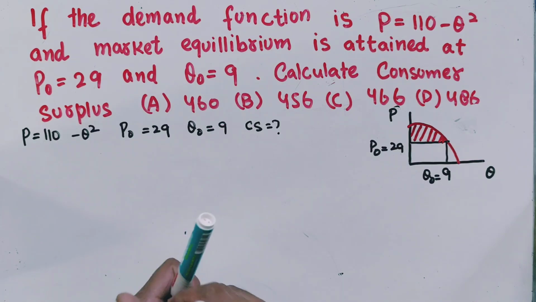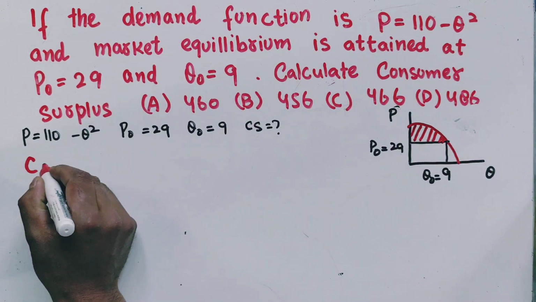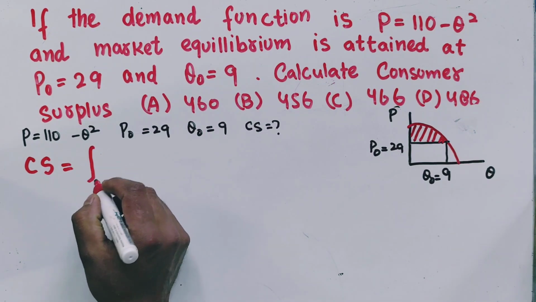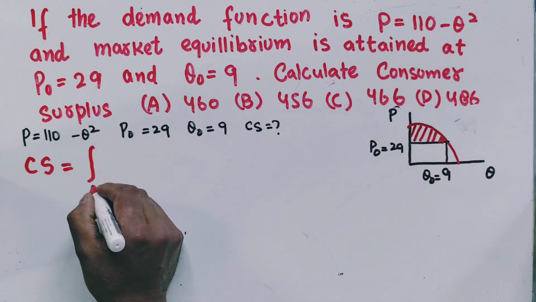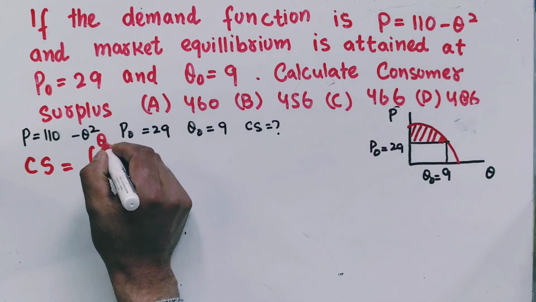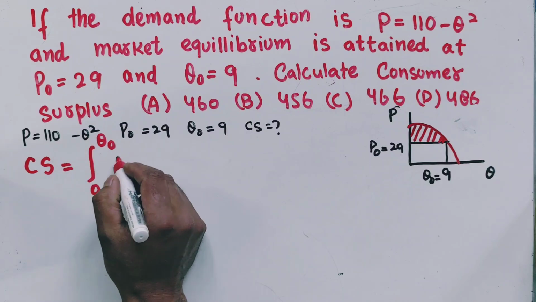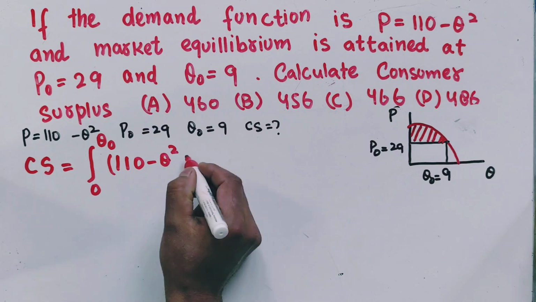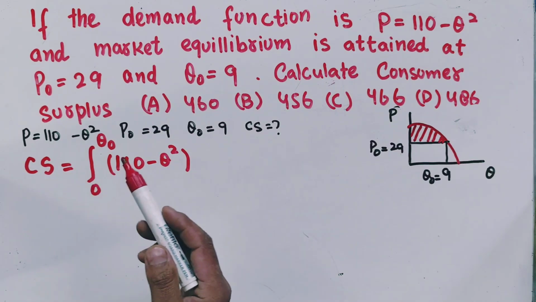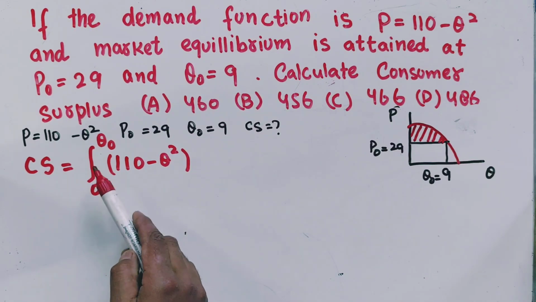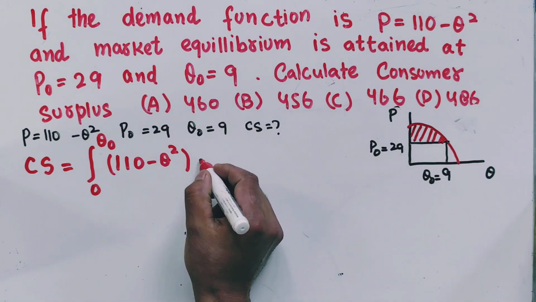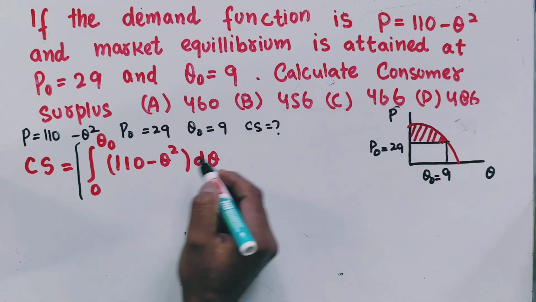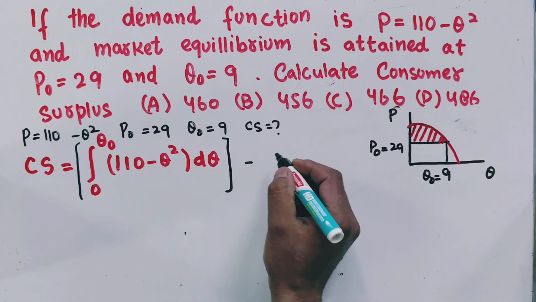Now consumer surplus will be equal to the definite integral of the demand function from 0 to the equilibrium quantity. Consumer surplus is the definite integral from 0 to equilibrium quantity of the demand function with respect to output, and then we subtract the total expenditure.